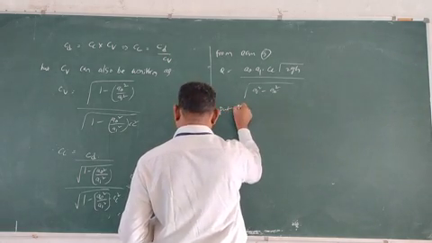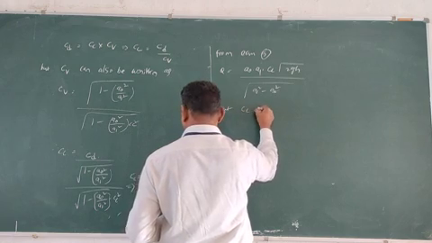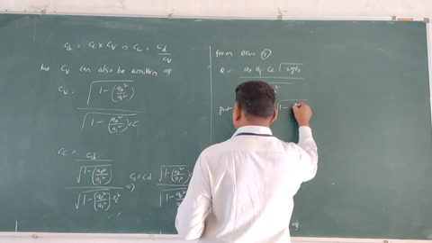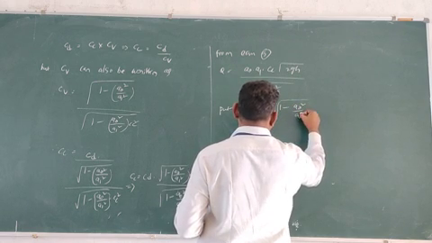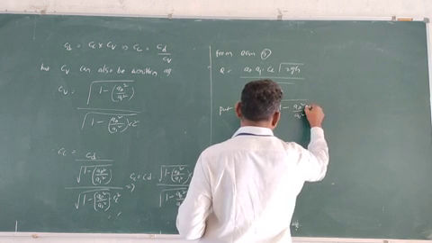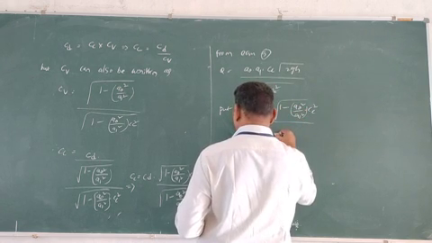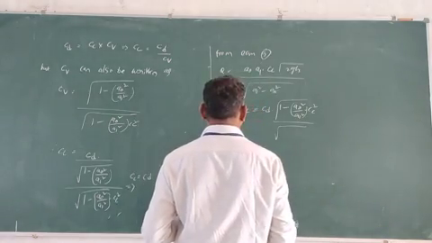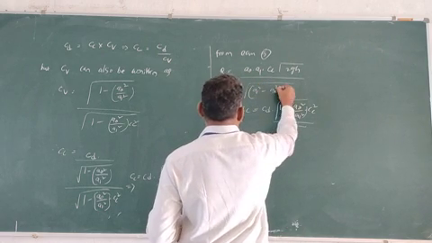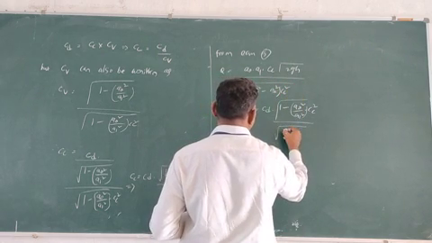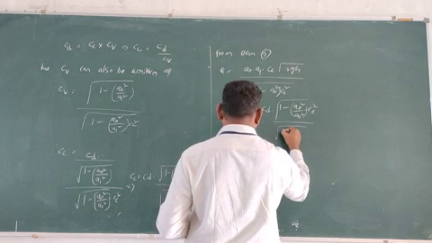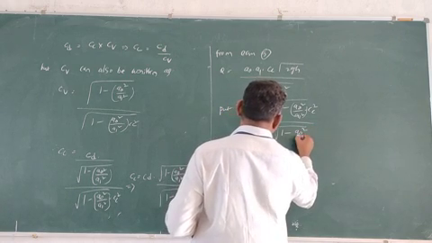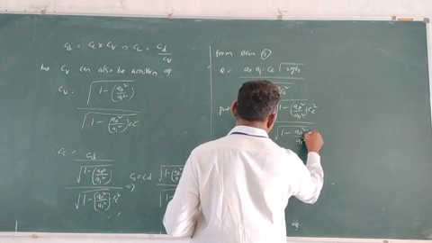Cc is equal to Cd into 1 minus A0 square by A1 square.